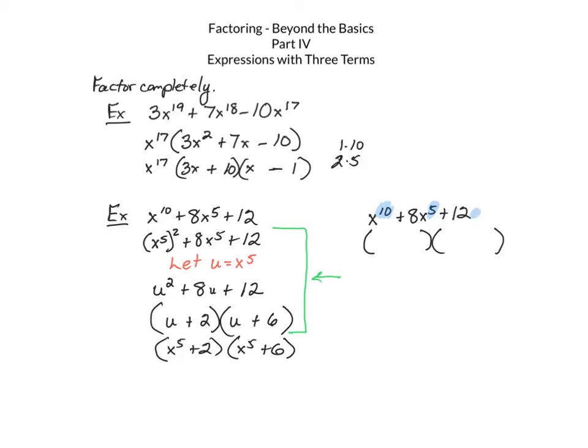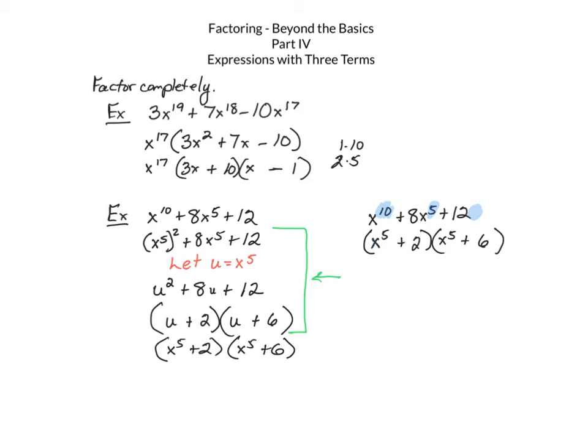And notice we don't even have a variable at all sitting right here. So I'm looking at those two exponents and the fact that I don't even have a variable at the end. So I'm going to just write this as x to the 5th and x to the 5th, and factor as I normally would, putting a 2 here and a 6 here with a plus in both places.